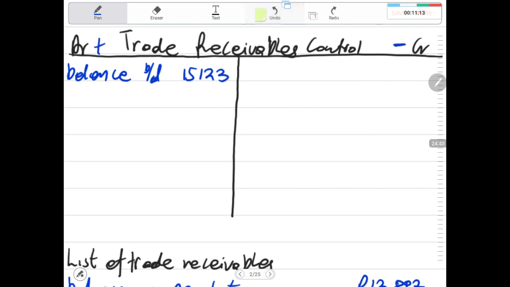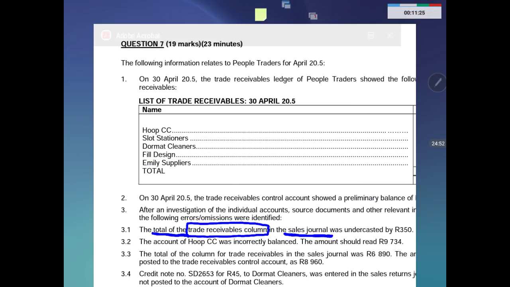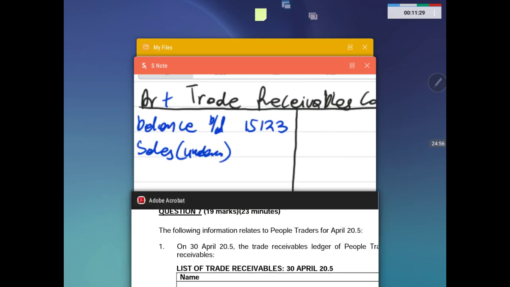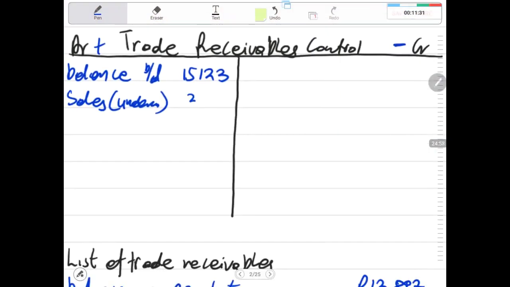So now it means this side is undercasted, meaning underestimated. Then we say sales undercasted, you write the full wording. By how much? How much was it underestimated? It was underestimated by 350. So now that means we need to increase this side by 350.